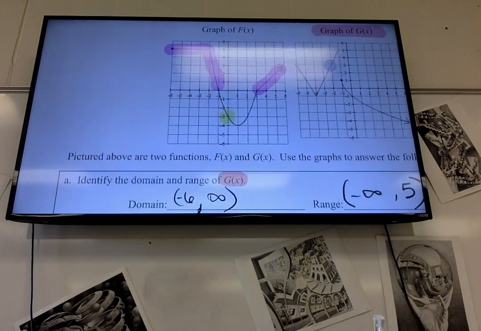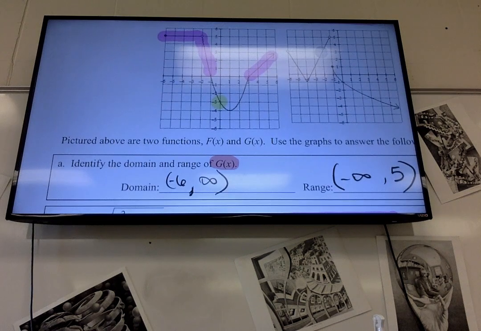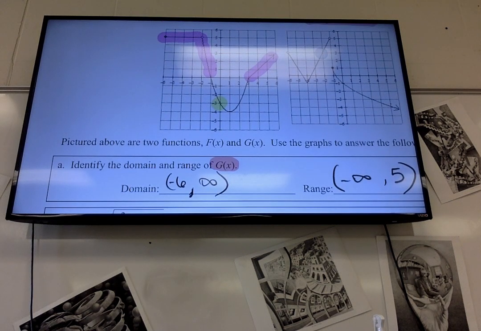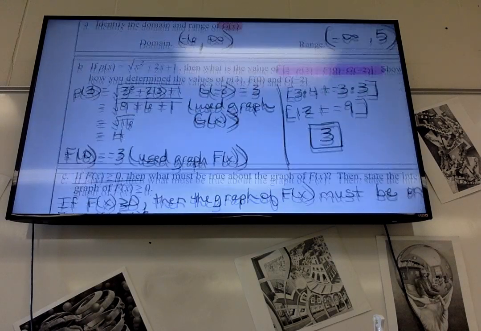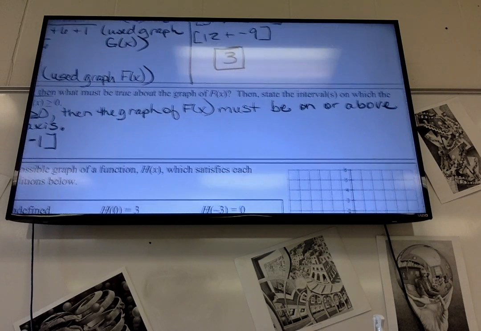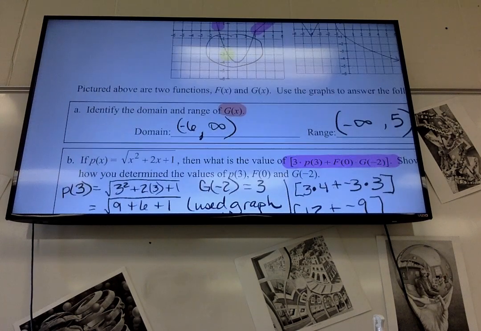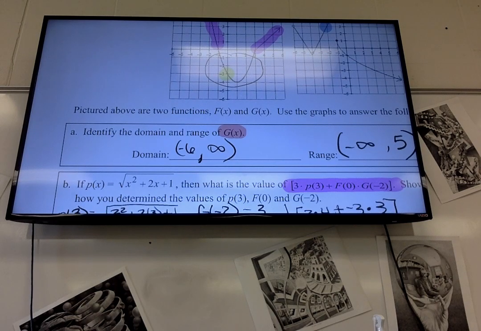Does it include negative 6? Yes. So I have negative 6, comma, and then it goes to what? Negative 1, because down here it's not greater than. Does it include negative 1? Yes, because it's on or above, and negative 1 is on the x-axis.